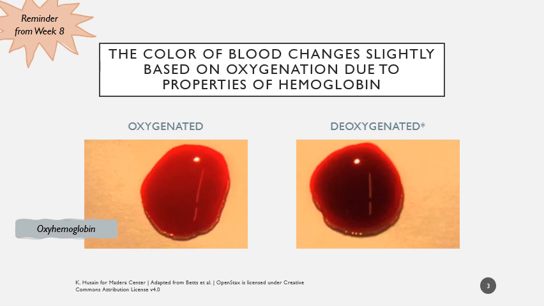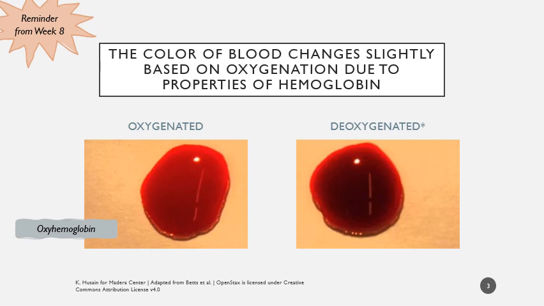So with oxygenated blood, what we have a really high proportion of is oxyhemoglobin. We use these terms oxygenated and deoxygenated, but blood is never fully deoxygenated. There's almost always oxygen still in the blood and still bound to hemoglobin. So it's really just a matter of what the oxygen saturation is.